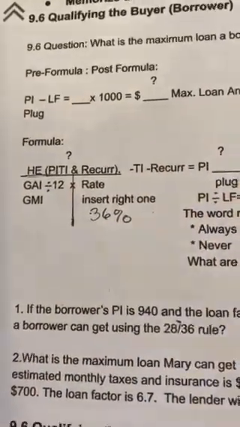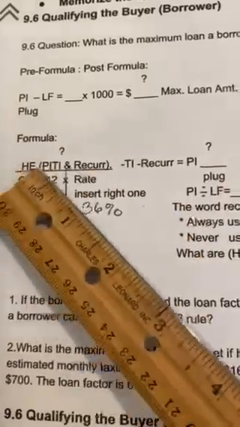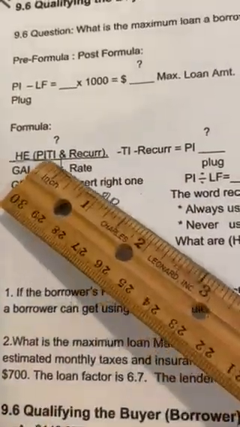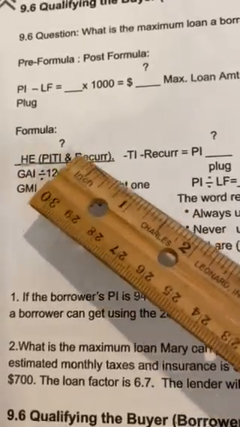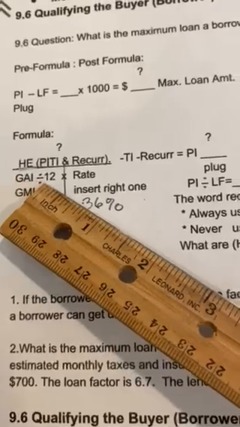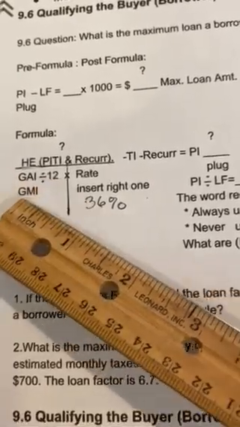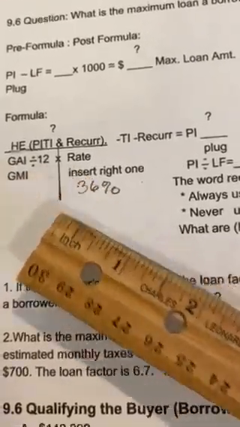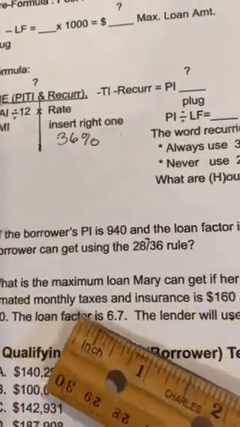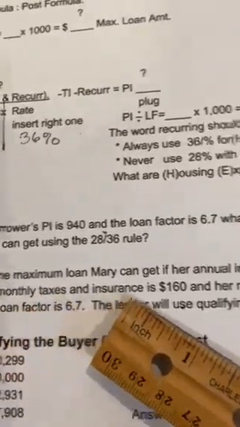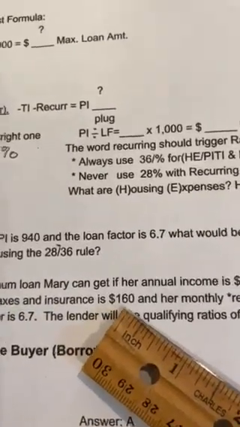Now, let's look at your problem. You make your T-bar from your problem, your H-E and recurring. GAI, your gross annual income, divided by 12 gives you your gross monthly income. So let's look at our problem and plug. Now we know that the taxes and insurance are $160.